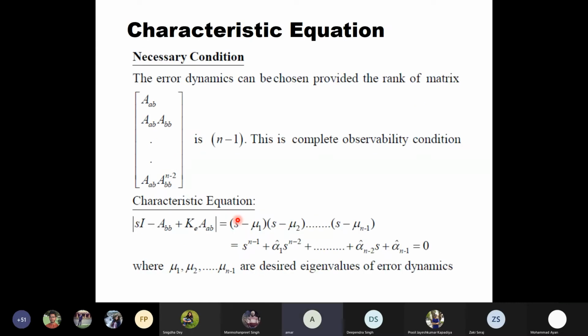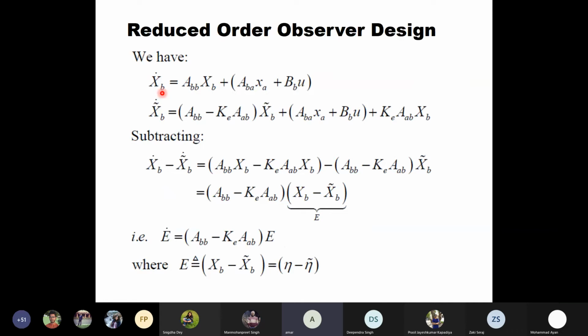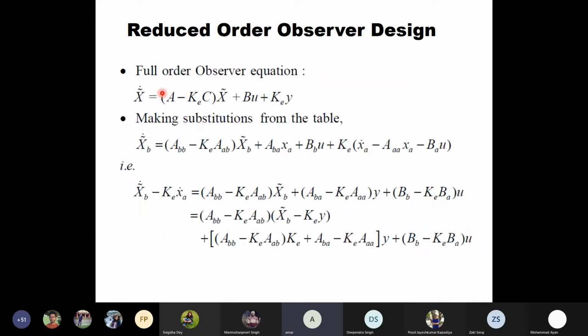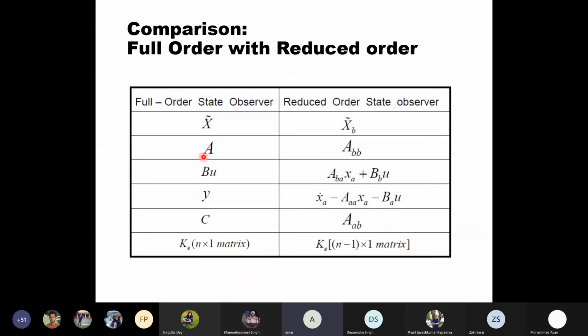The necessary condition is that the error dynamics can be chosen provided the rank of the matrix [AAB transpose, ABB transpose AAB transpose, ... ABB transpose to the power n minus 2 AAB transpose] is n minus 1. This is basically the observability matrix. Here the observability matrix will be, if you look, C is given by AAB and A is given by ABB.